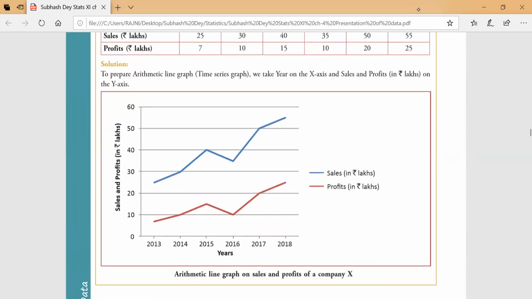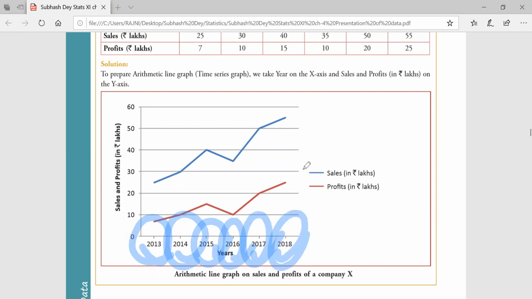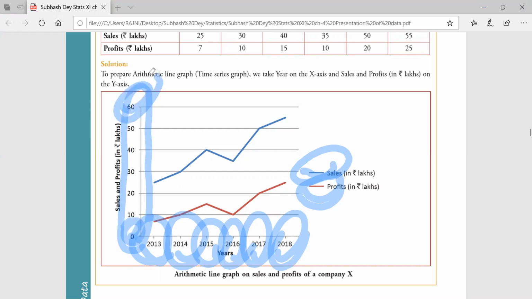We can also do this example. The years are given here: 2013, 14, 15, 16, 17, 18. We are representing two pieces of information, sales and profits. On the vertical side, the frequency will be taken. You can observe the sales data is maximum up to 50 and the profits are maximum up to 25. So the data you will take from 0 to a maximum limit, more than 50, meaning up to 60.